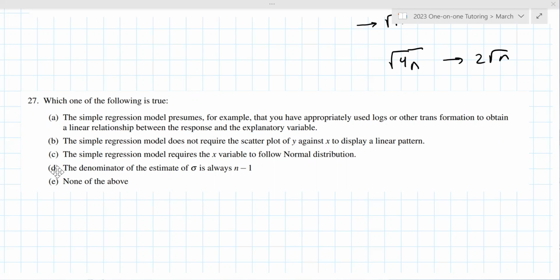Sometimes you've got to read them all, unfortunately. Do you feel like you could rule any of these out looking at them?